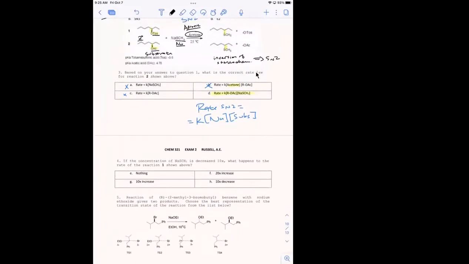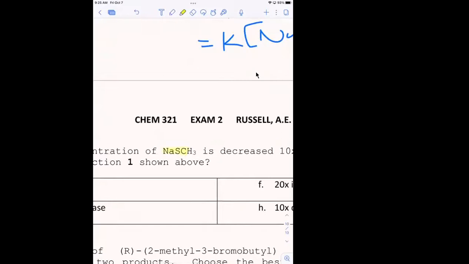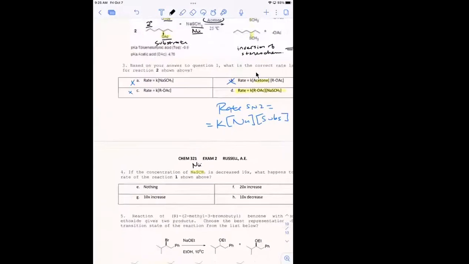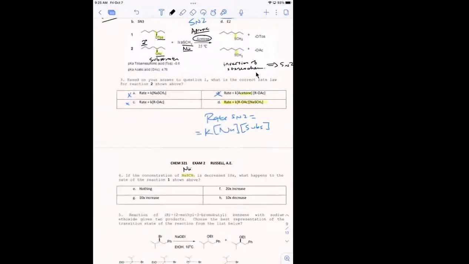If I decrease the amount of nucleophile by 10, this is my nucleophile. We see that up top. We know that that's the nucleophile. If I decrease that concentration by 10, what happens to the rate? The rate should decrease by 10.